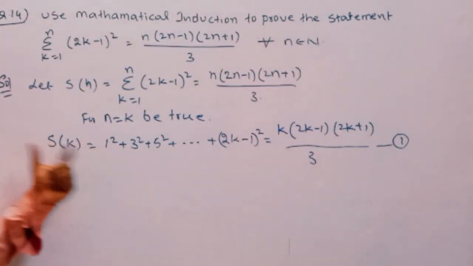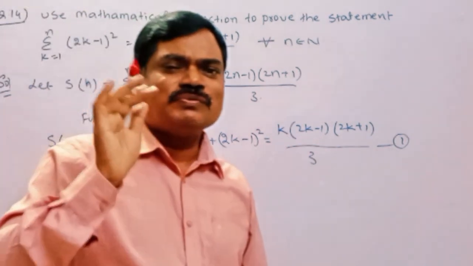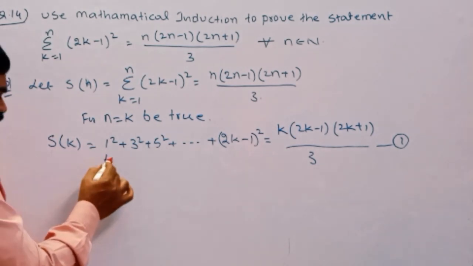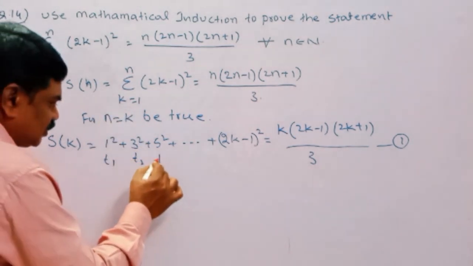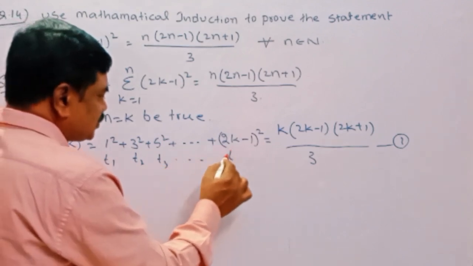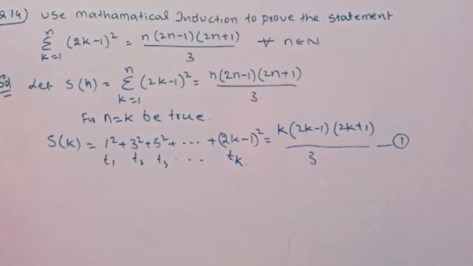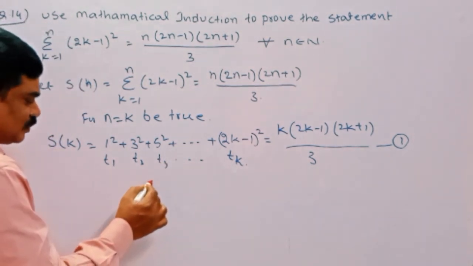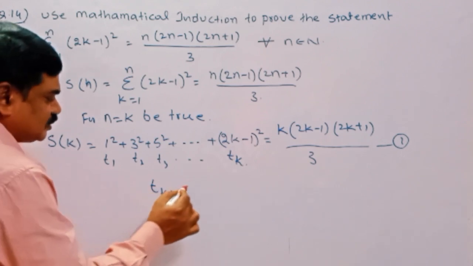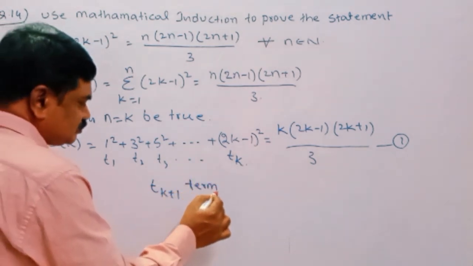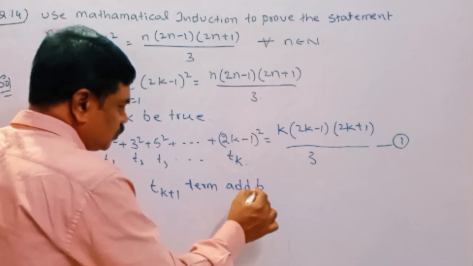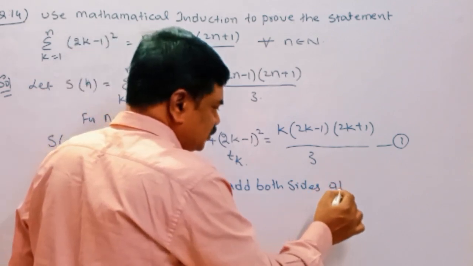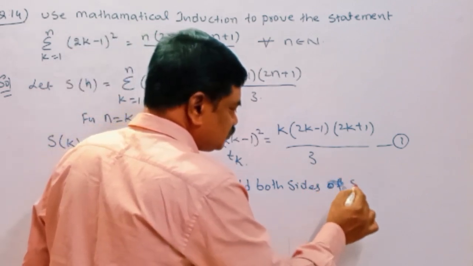From this equation, we want to prove n equals k plus 1 is true. This is the first term, the second term, the third term, and this is the kth term. So we want the (k plus 1)th term; add it to both sides of equation 1.